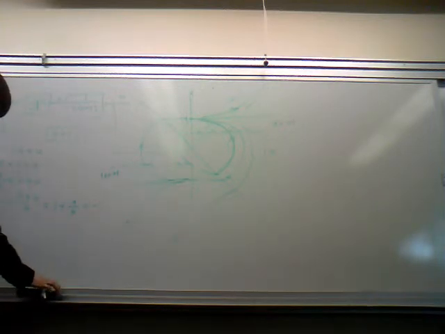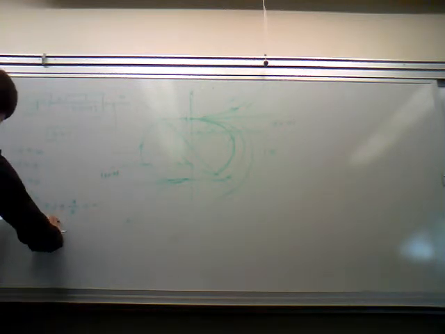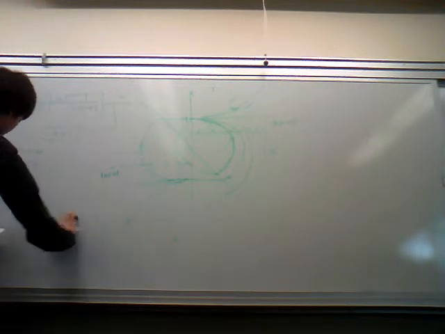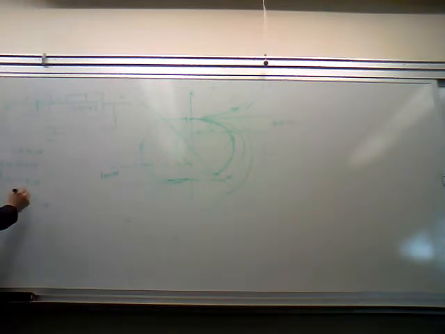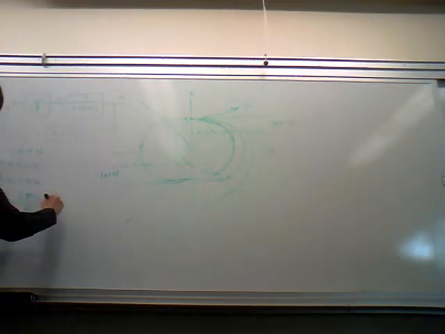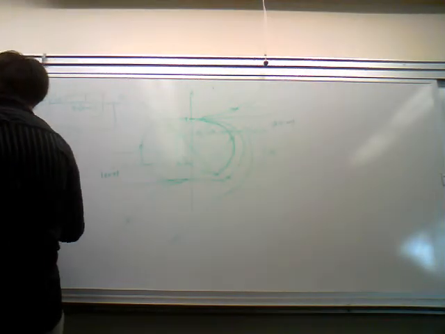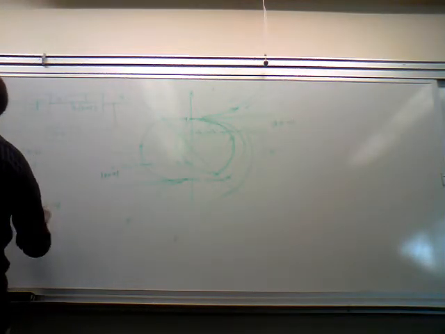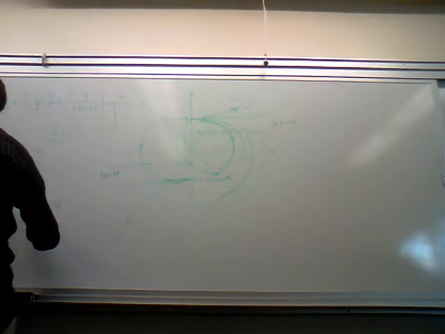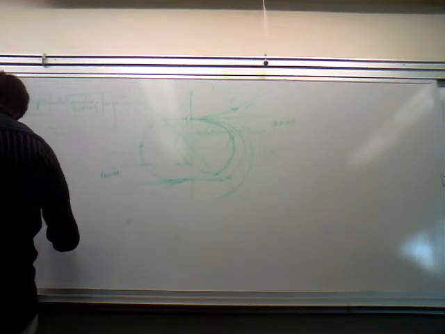So I'll write it like this. This is a minus plus. Here's -1. So that means we've got 2x dot minus plus u is 0.